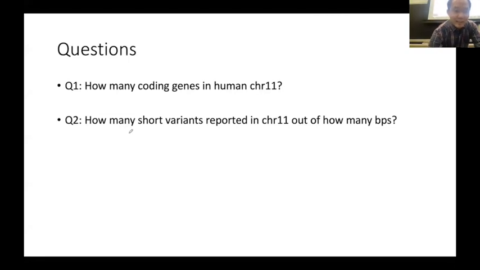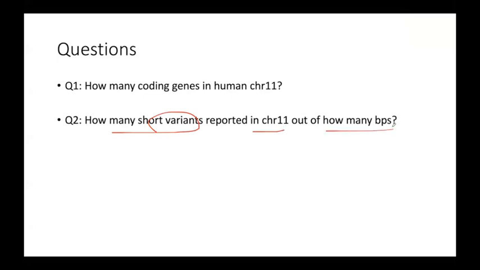Then did you also find how many short variants are recorded in chromosome 11? How many base pairs? So question number 1 is 1,317 genes in chromosome 11.